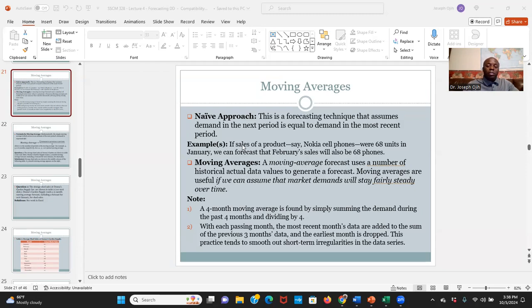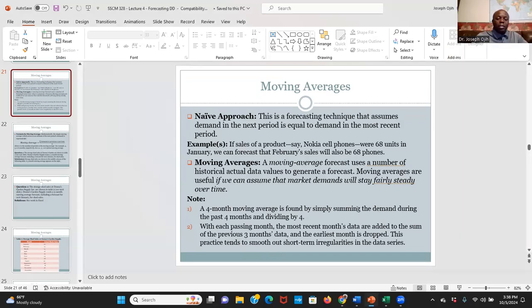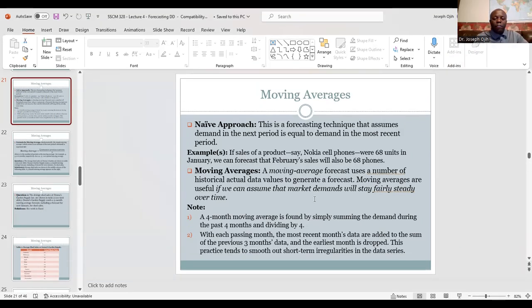Now, I will start by explaining what a moving average is. Generally speaking, a moving average simply means a forecast that uses a number of historical data values to generate a forecast.